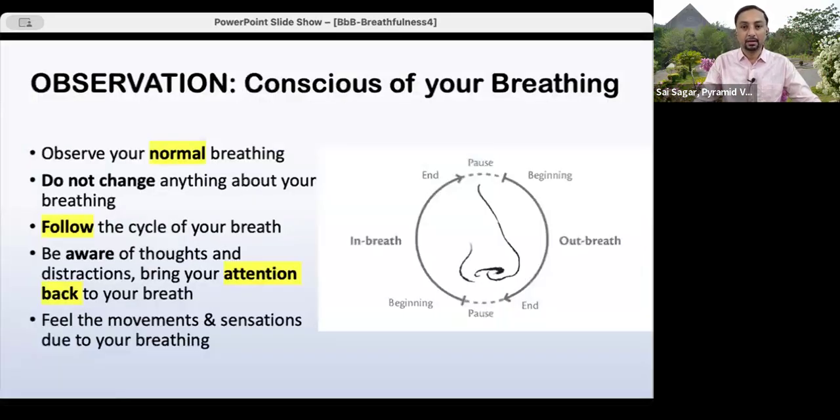And we said the core part, or the meditation part, is just observing our normal breathing, not changing anything about our breathing, not holding any of our breath. Just follow the cycle. As you begin your inhale, end your inhale, begin your exhale, end your exhale. This whole rhythm is different for each one of us, right? And then just follow the cycle.